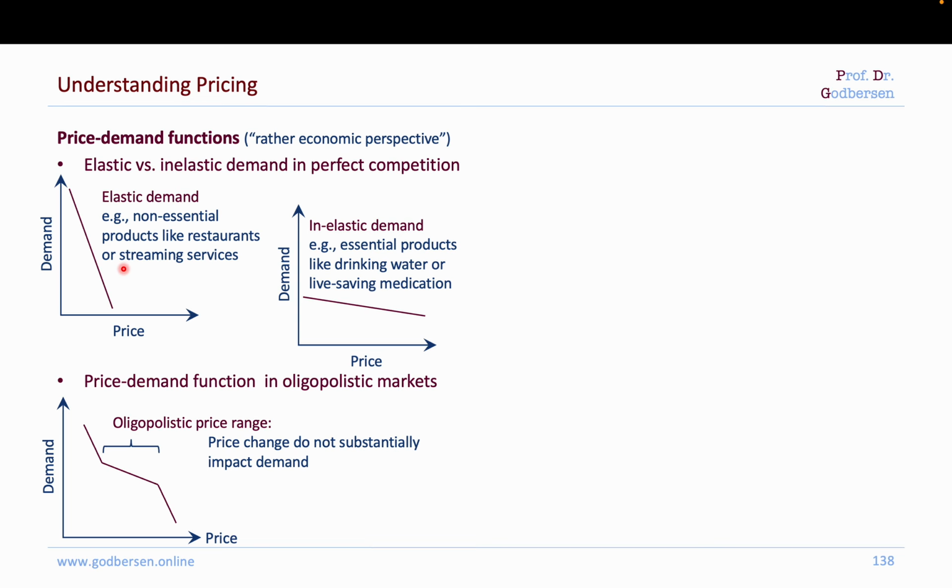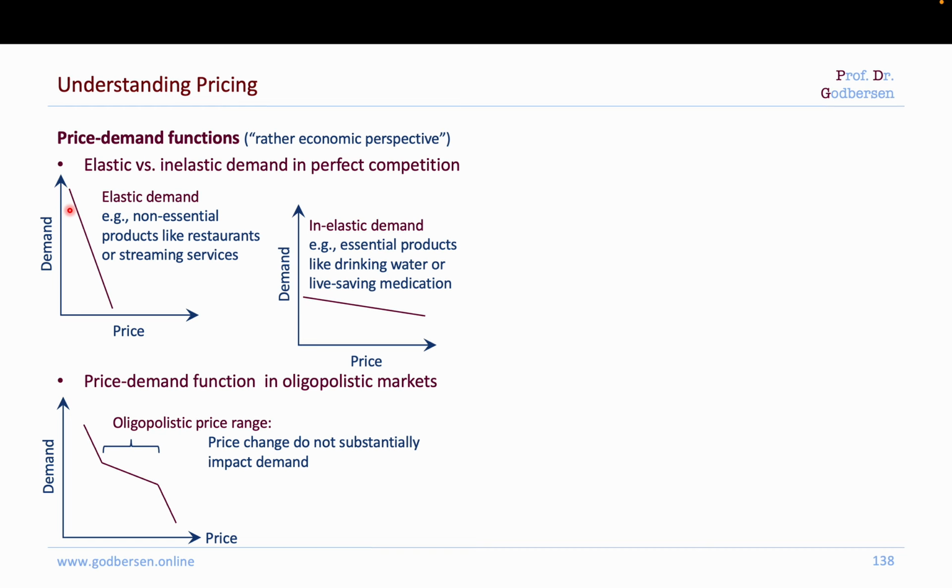These are non-essential products. Restaurants and streaming services are examples. If the price goes up, it has a massive impact on the demand. The higher the price, the lower the demand. The lower the price, the higher the demand. More units are sold.